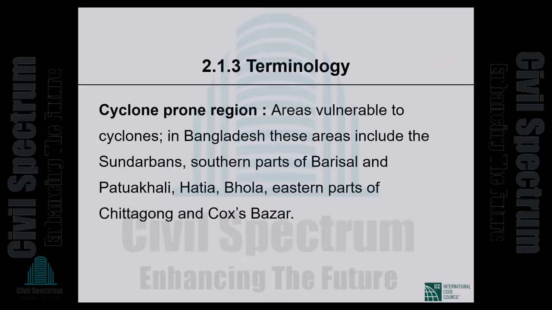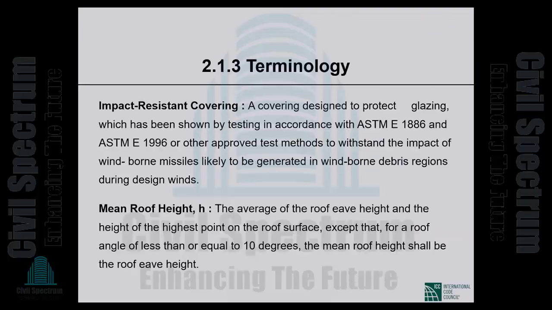Then cyclone prone region. I went through that definition before. Areas vulnerable to cyclones. In Bangladesh, these areas include the Sundarbans, southern parts of Barishal and Patuakhali and Hatia, Bhola, eastern parts of Chittagong, which I think should be western parts, and Cox's Bazar.